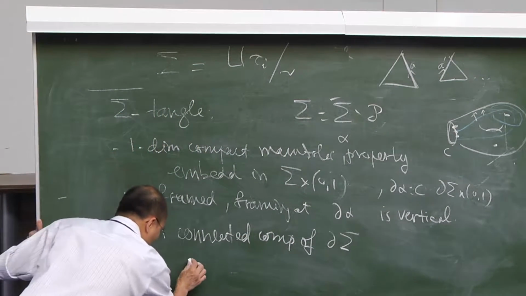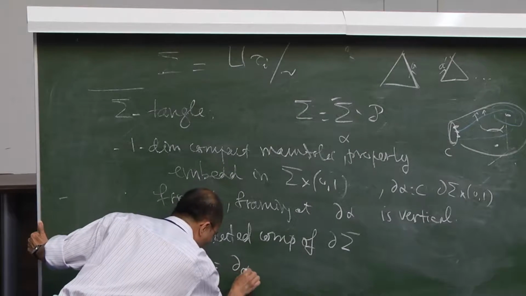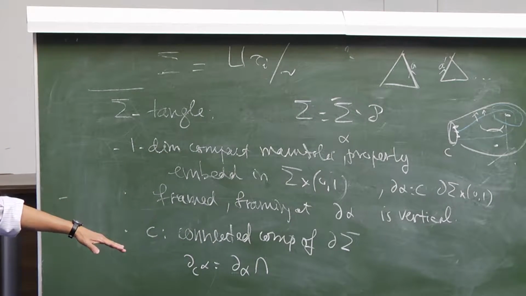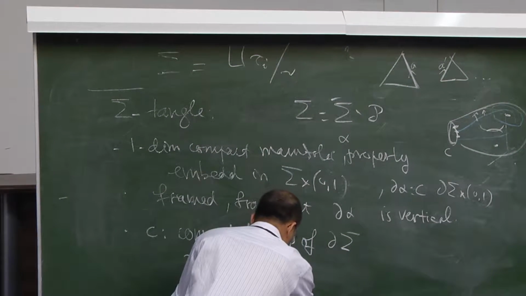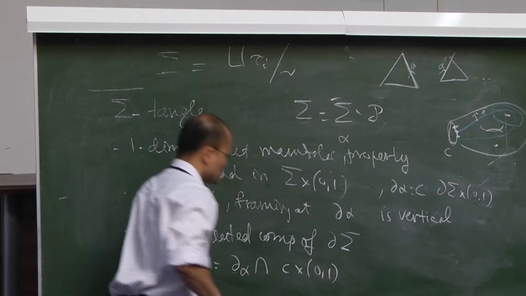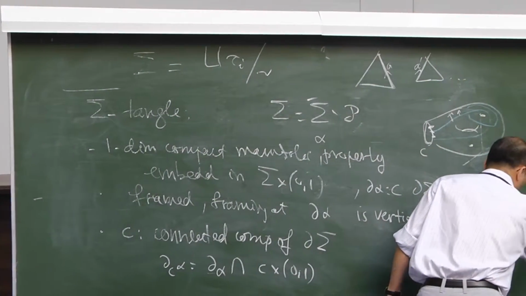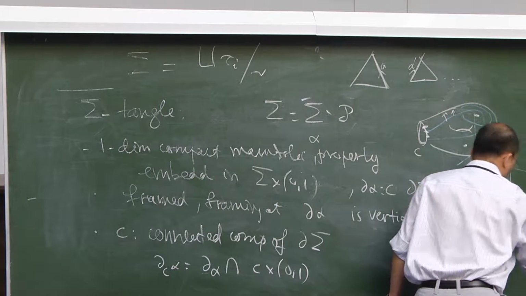You look at, so I call this ∂_C alpha would be those points of the boundary of alpha on C cross [0,1]. Okay, so maybe I draw another picture here. So this is C, and you look at C cross [0,1].